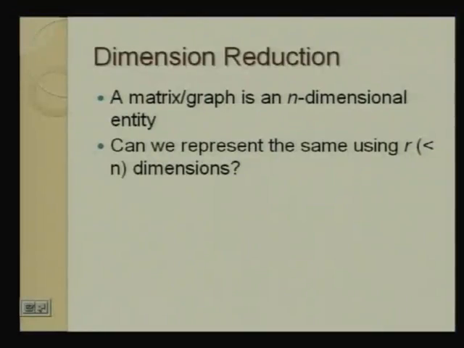But can we represent these n independent entities by a smaller set of more basic entities and their combinations? If this is possible, then we say that this whole matrix or graph is not an n-dimensional entity; its real dimension is r, which is less than n. So, what is this r? r is the rank of the matrix. Its real dimension is much less than its actual dimension.